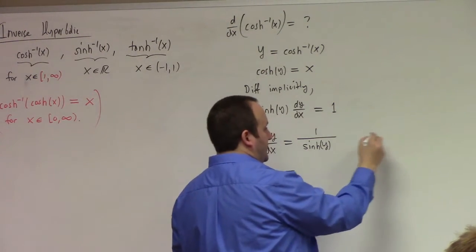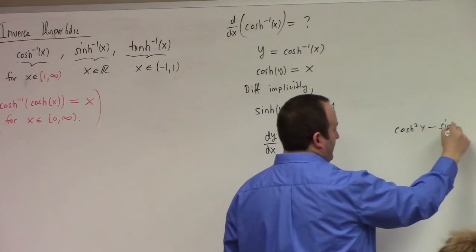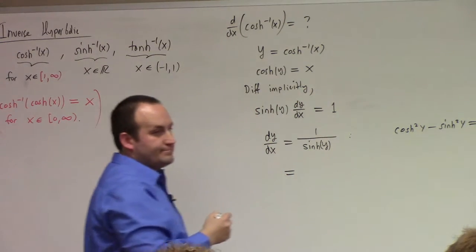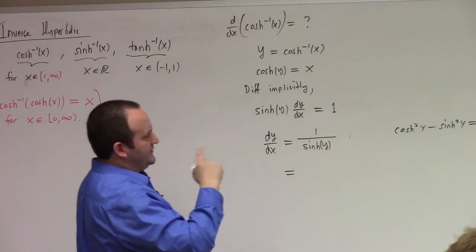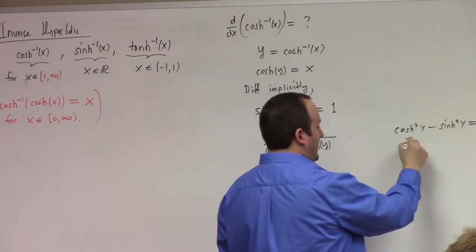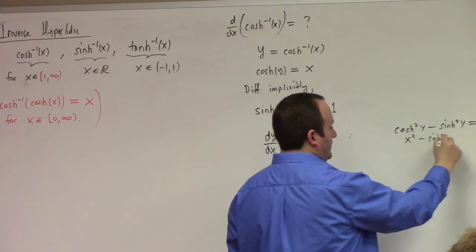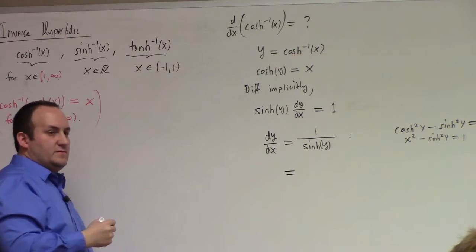Now let's see here, sidebar. Cosh squared y minus sinh squared y is equal to 1. Since cosh y was x, this is really x squared minus sinh squared y equals 1. Can we solve that for sinh?